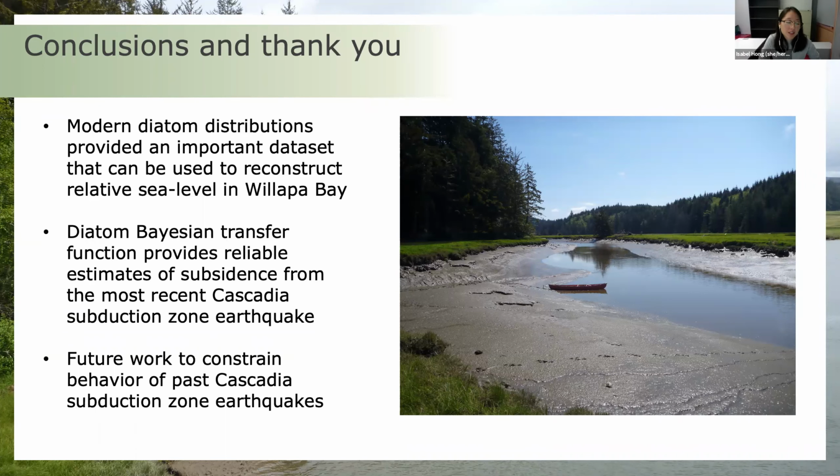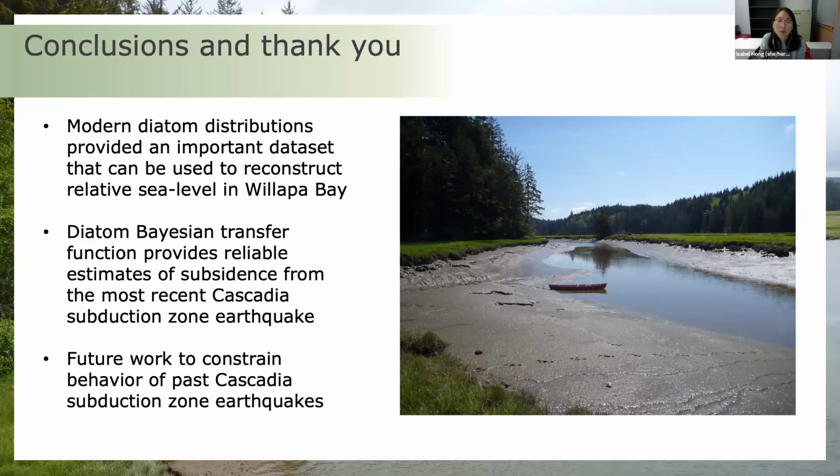Yeah, there's a lot of evidence to suggest that it will be applicable beyond Willapa Bay. In one of the last slides that I showed, we have the reconstruction of the penultimate earthquake, and the subsidence contact across that event showed that there were also good modern analogs there.